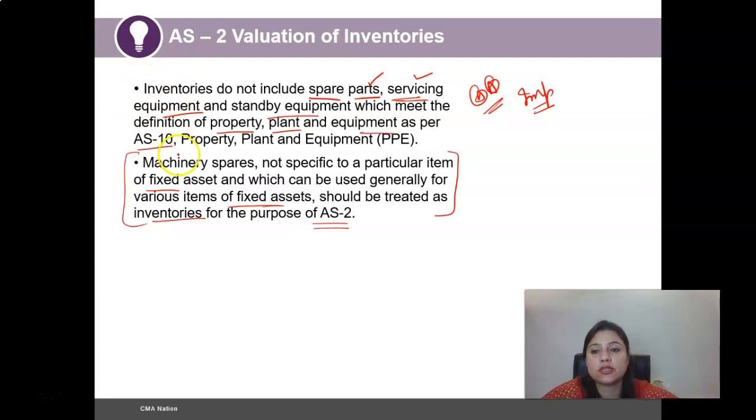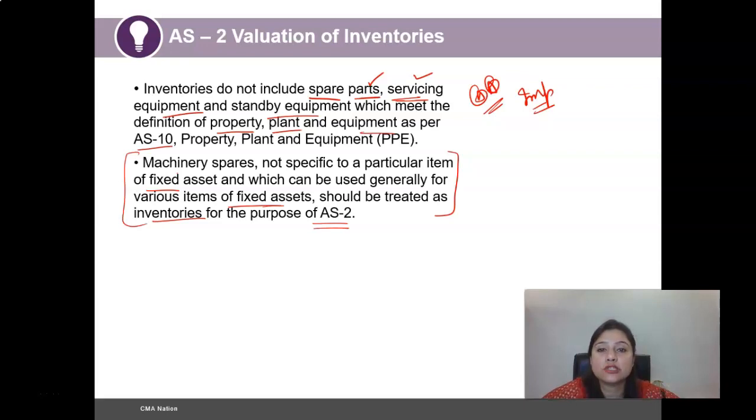And in this particular case, what happens is that machinery spares which are not specific to a particular item, that do not belong to a particular item, that item could be a particular inventory or a particular machinery or particular asset of the business.